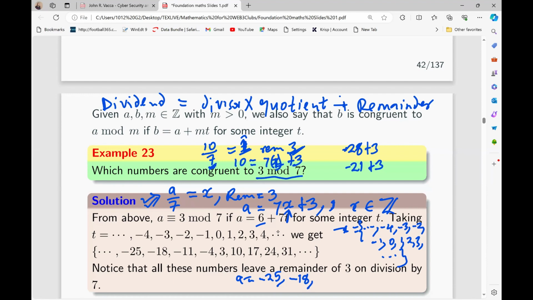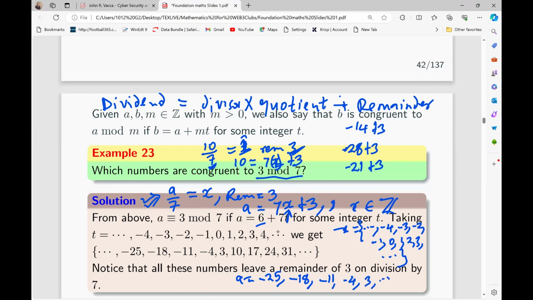X can also be -2. We put -2 where X is. That gives us -14. Then add 3 to it, which gives you -11. X can also be -1. And that would be -7 plus 3, which is -4. X can also be 0. That will give you 3, and so on.